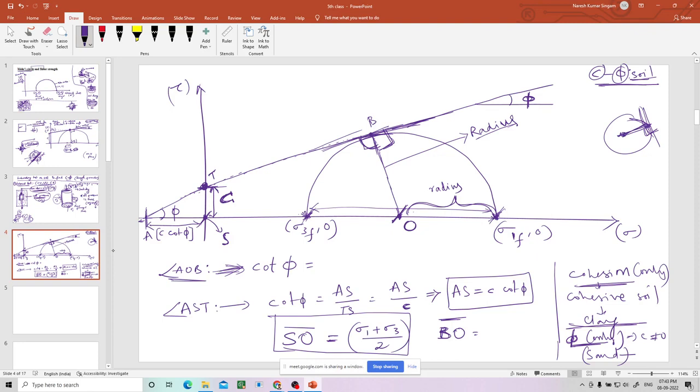Somebody told me the distance between S and O, right? But what is the distance between these two? Suppose this is 4, 0 and this is 2, 0. What is the distance between these 2 points? You should reply. This is how the interaction is.